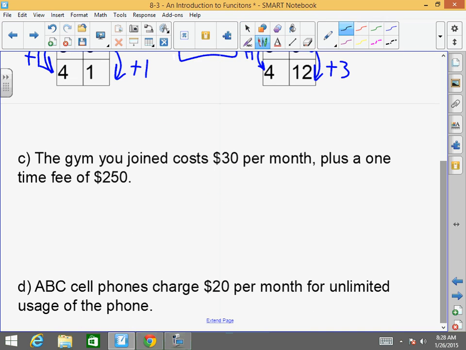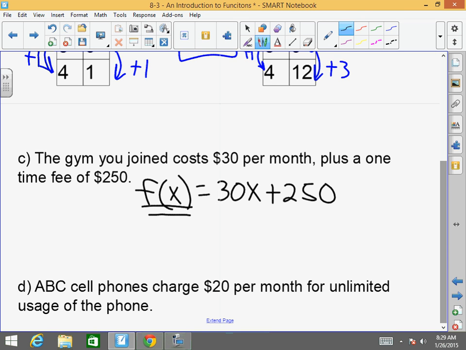Here, easy stuff. Again, this is linear equations. A gym you join costs $30 per month plus a one-time fee of $250. How do I represent this in a function? Y or f of x equals 30x plus 250, where f of x represents the y, which represents the cost.